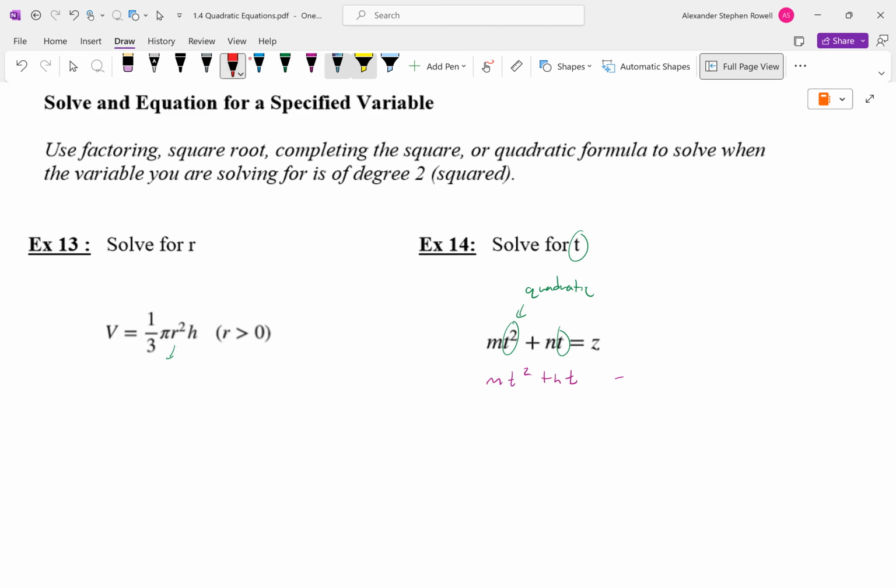Let me write that. Minus z to make one side 0. Okay, so what is a equal to? M. What is b equal to? N. And what is c equal to? Close? Yes. c is equal to negative z.